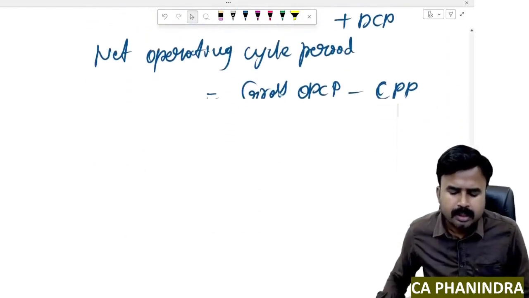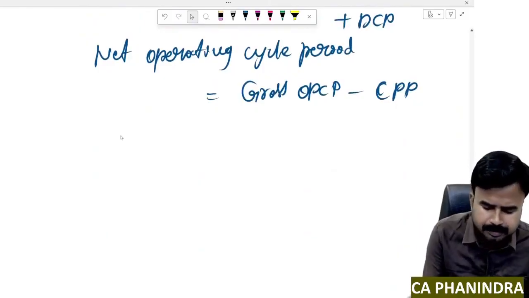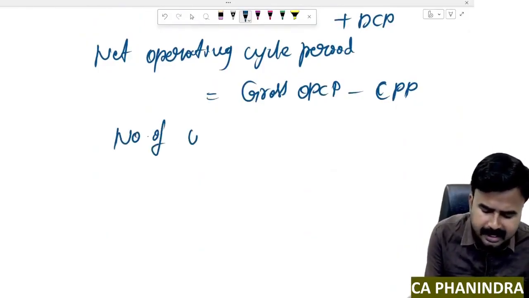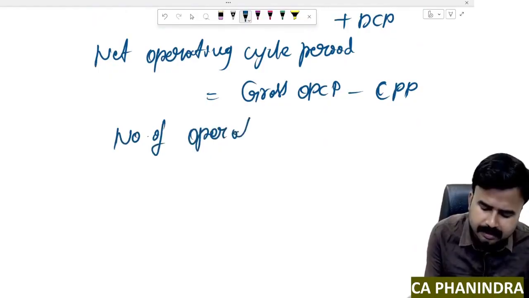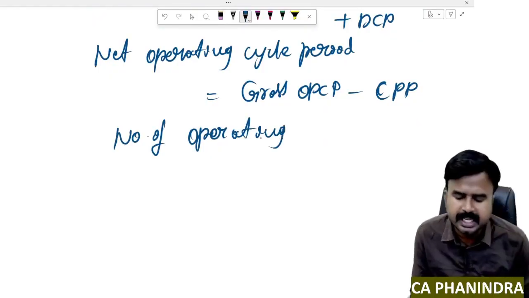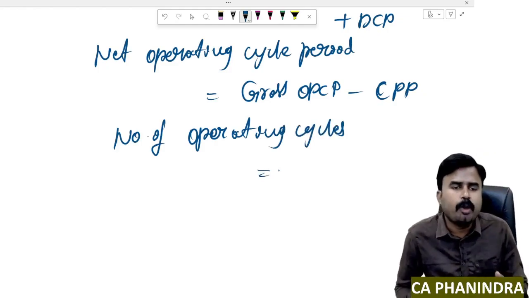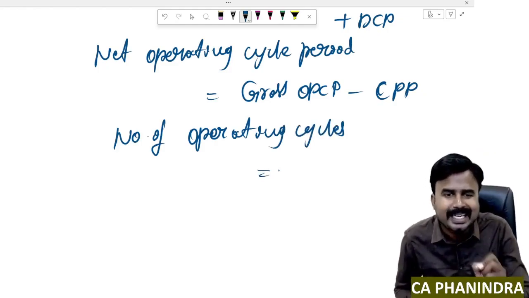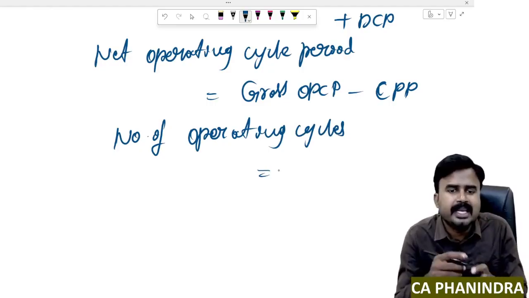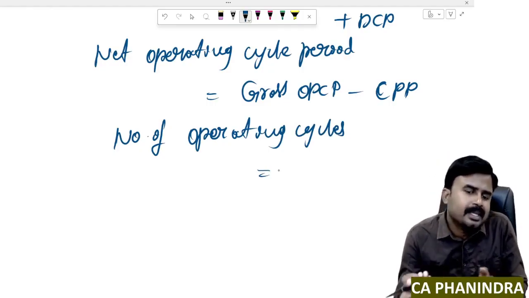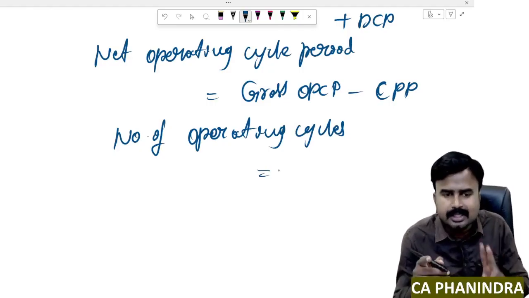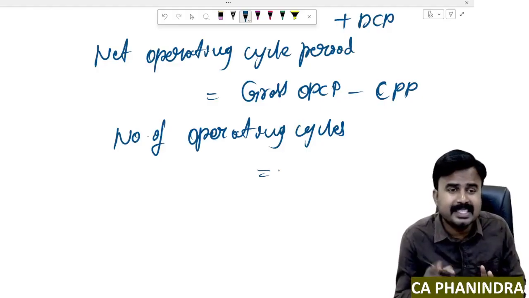So we have another formula, the number of operating cycles. That means how many times I'm rotating the money, the working capital. Say for example, if you get a net operating cycle period of 180 days, that means one cycle is taking 180 days. So how many cycles can I rotate in a year? Generally it is 2 cycles, because there are 360 days in a year.